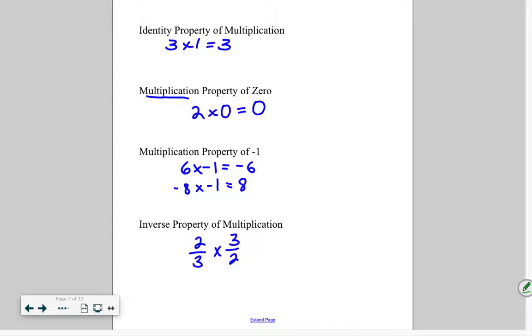What can the 2's both be divided by? 2. So both of those diagonals are going to result in 1. What about your 3's? Both can be divided by 3, so your diagonals result in 1. So if you're going to do the inverse property of multiplication, your answer is going to be 1. If you multiply a number by its reciprocal, the answer is going to be 1.